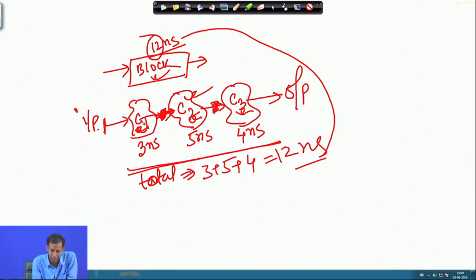If I had not put this register, then whenever C2 produced its output, there would immediately be a change in C2, and C3 would immediately process it. That is why the total time is added up to 12 nanoseconds.